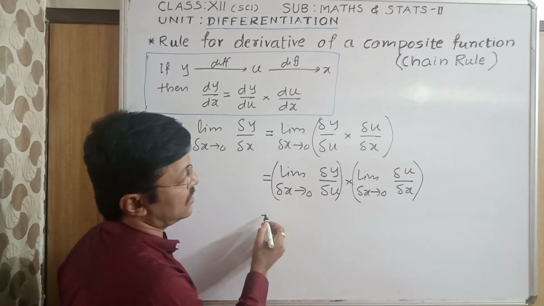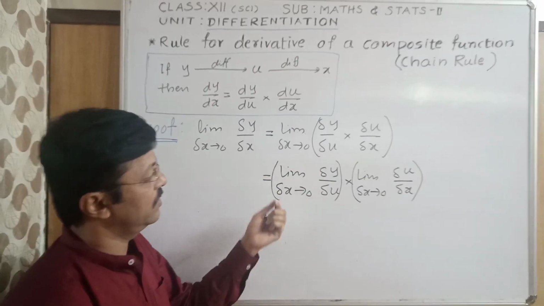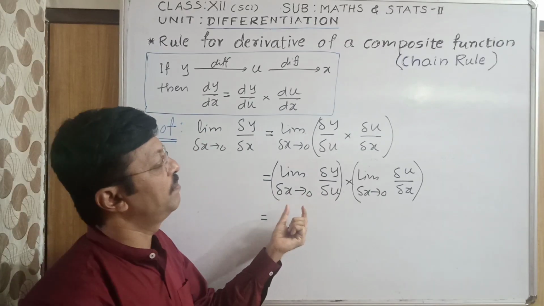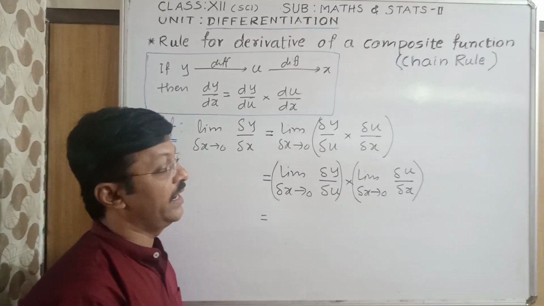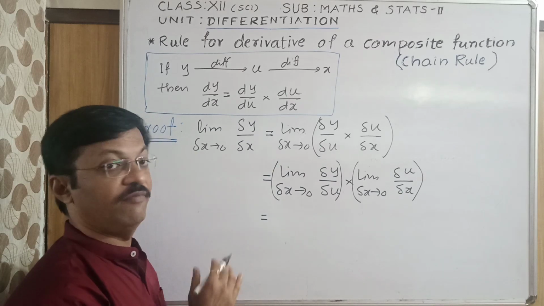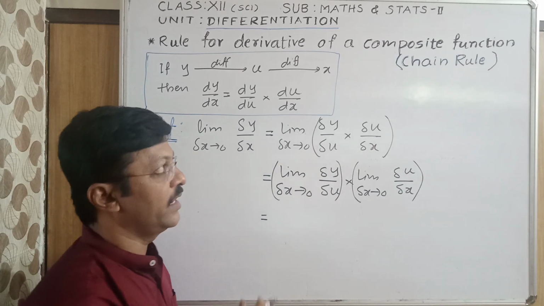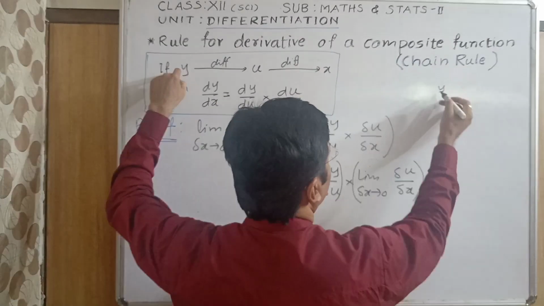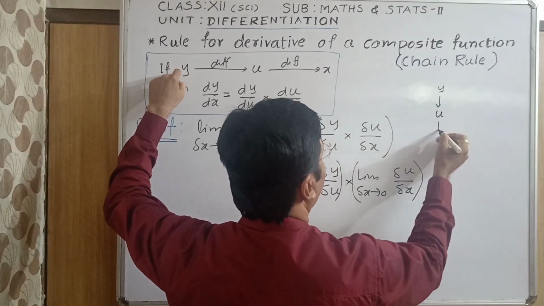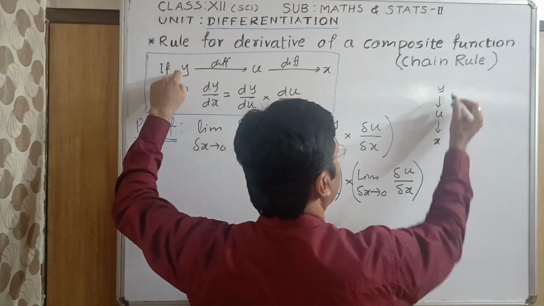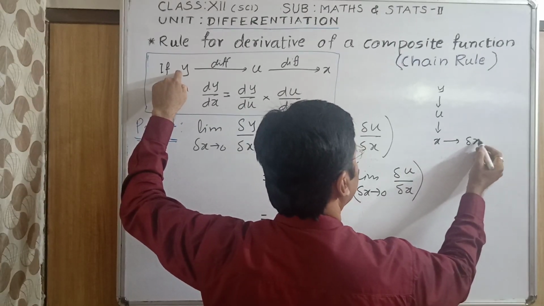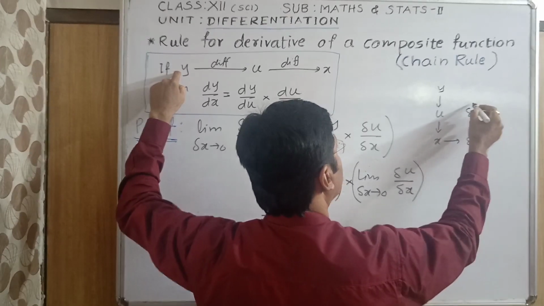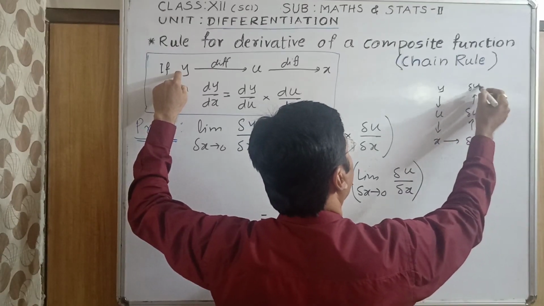Then this limit, delta x tending to 0, can be replaced by delta u tending to 0 if I want. And for that, our argument, if you remember, is that y depends on u and u depends on x. So if there is a small change delta x in x, there is a change delta u in u, and a change delta y in y.